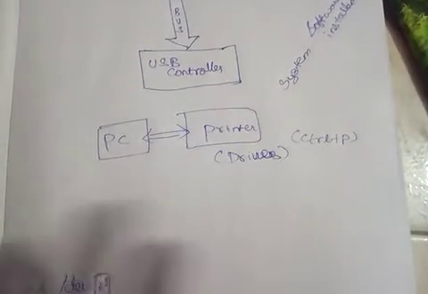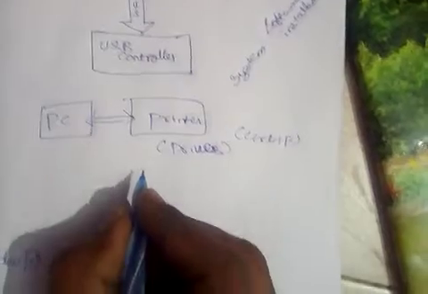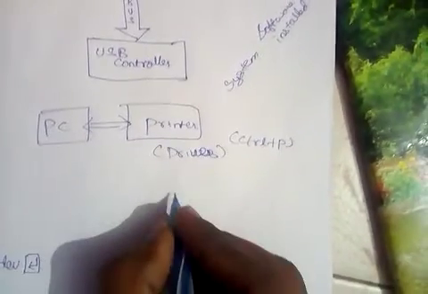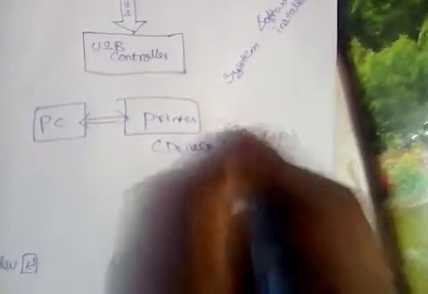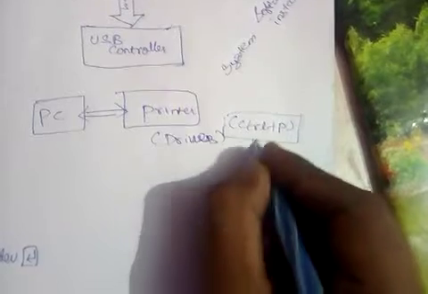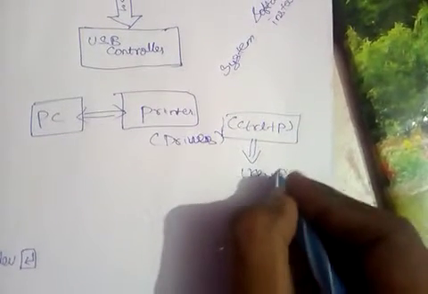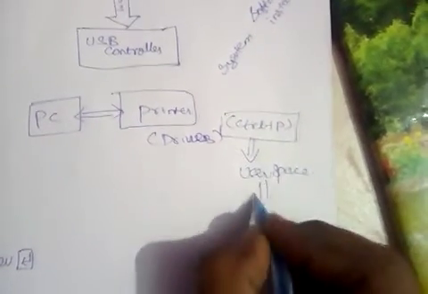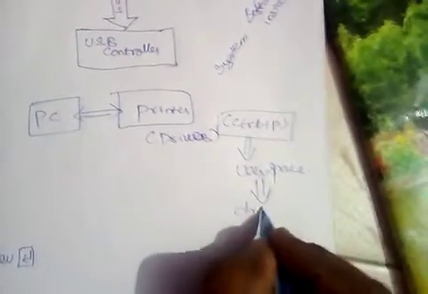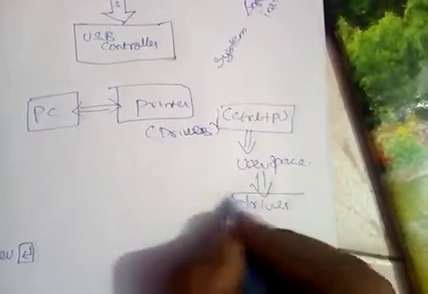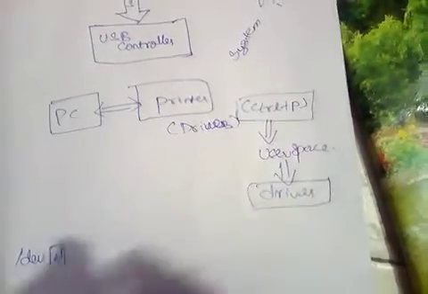Let's see how this operation works. If I give this Control plus P, which is in user space, it will go for the driver. Actually, it will not execute the entire driver.